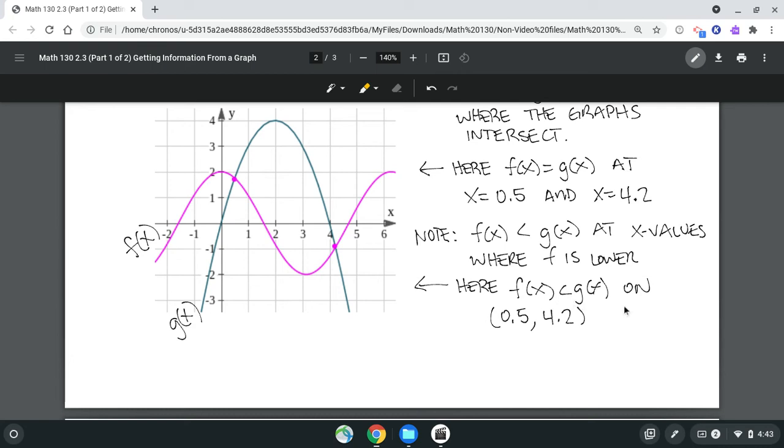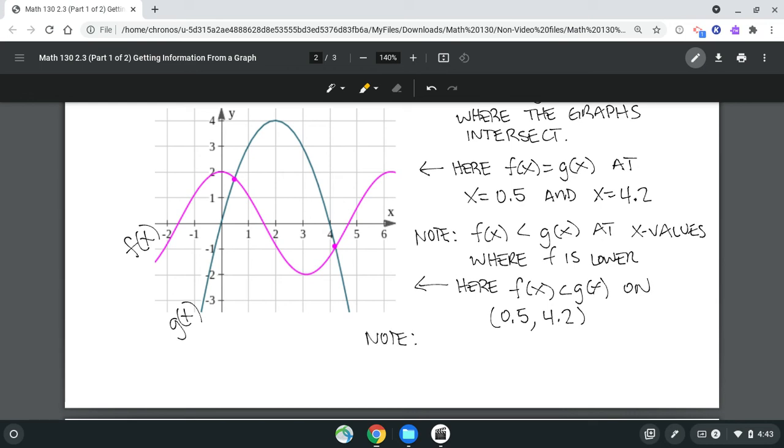Okay. And then on these other places, f of x is greater than g, starting from here, which is negative infinity all the way to 0.5, together with all the way from here, 4.2, to positive infinity. So let's do that.